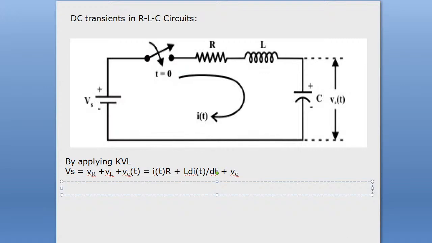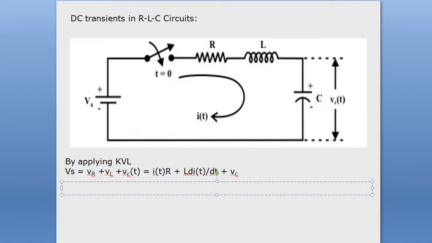You know that this is a first order differential equation, but we know that the current I of t can be expressed in terms of the voltage drop across the capacitor.